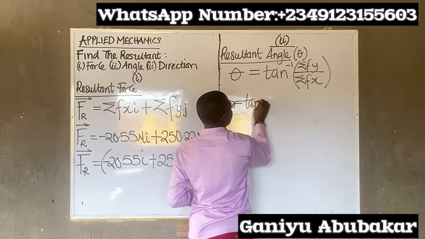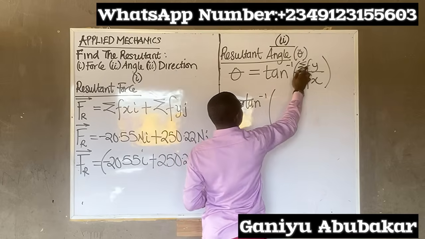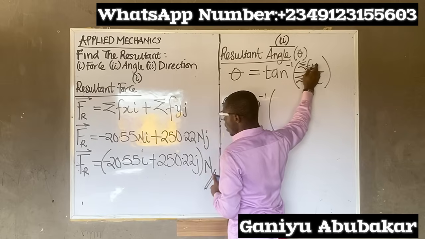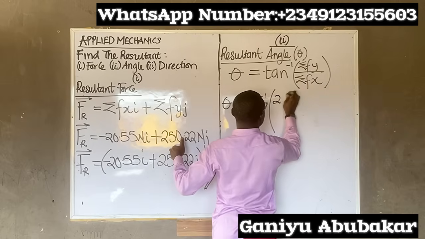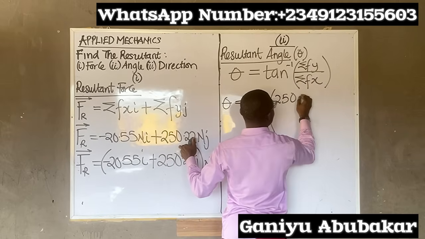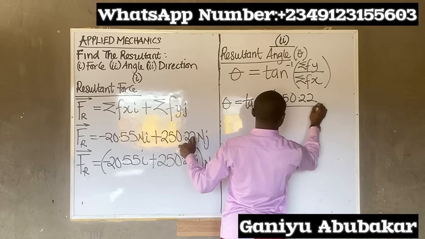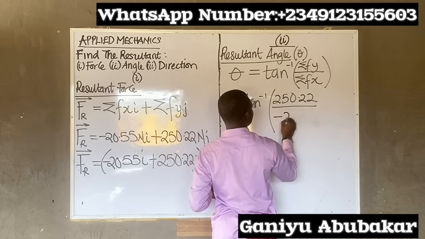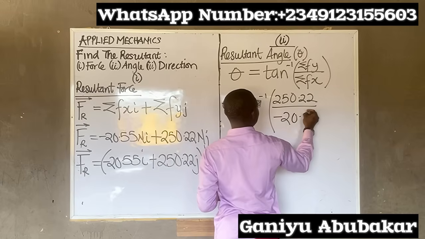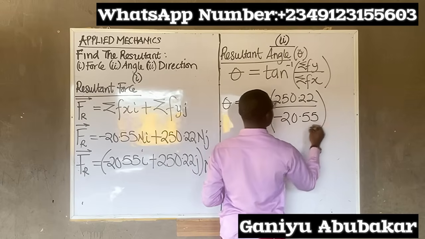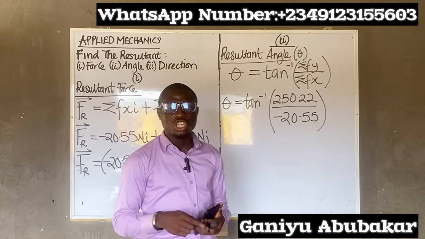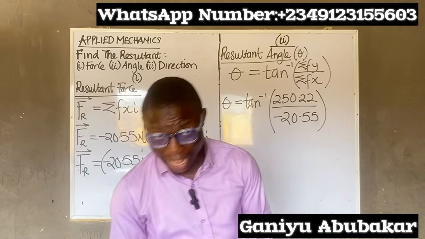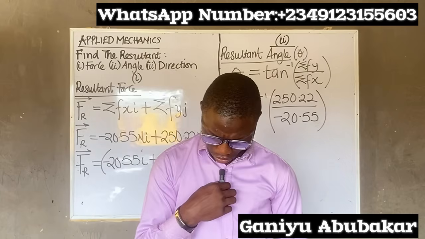So tan inverse of summation f of y. F of y gives you this value, 250.22, all over f of x is negative 20.55.